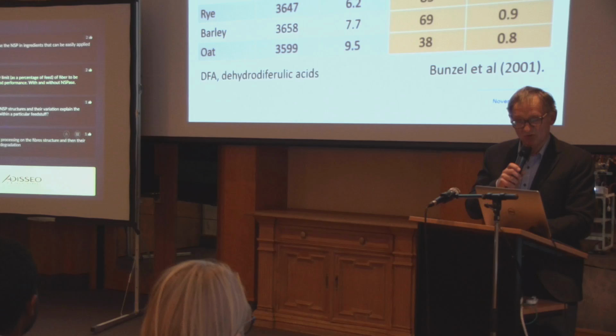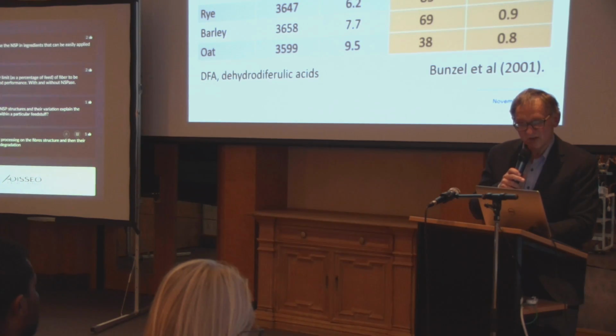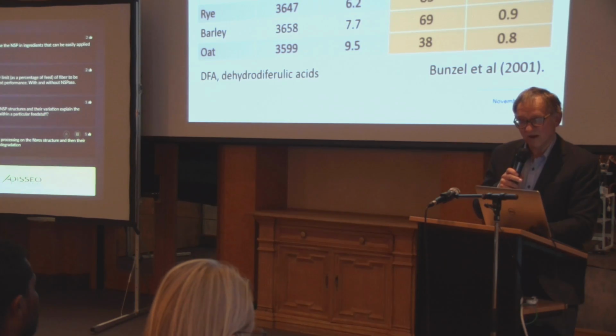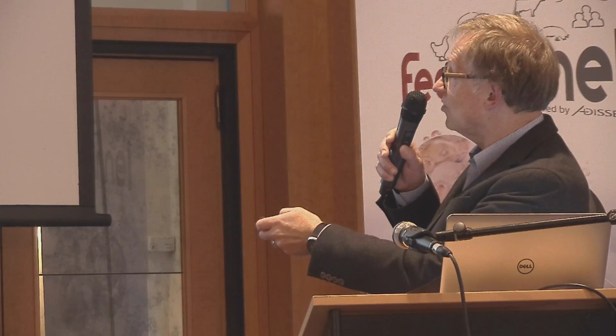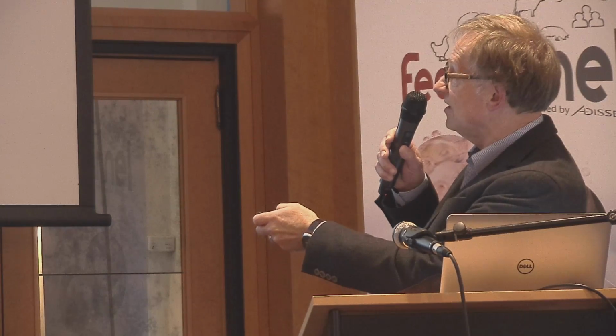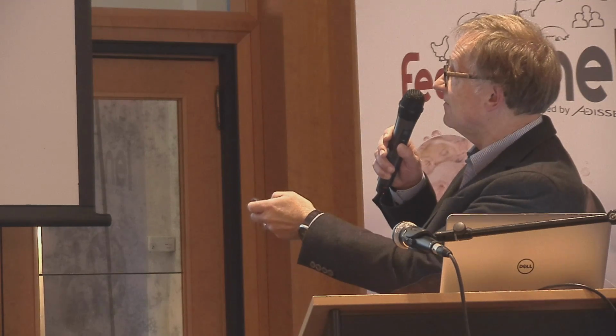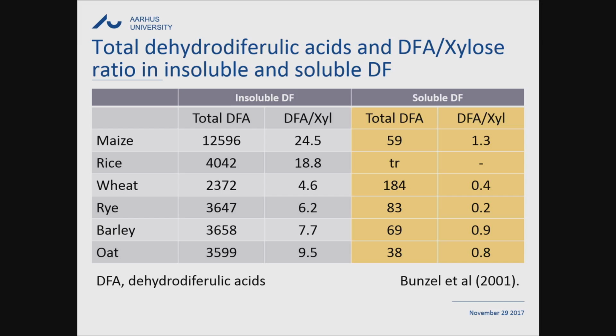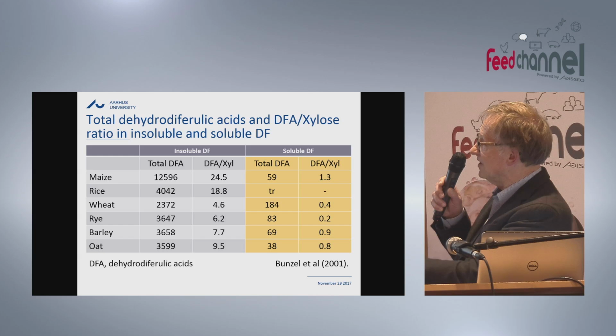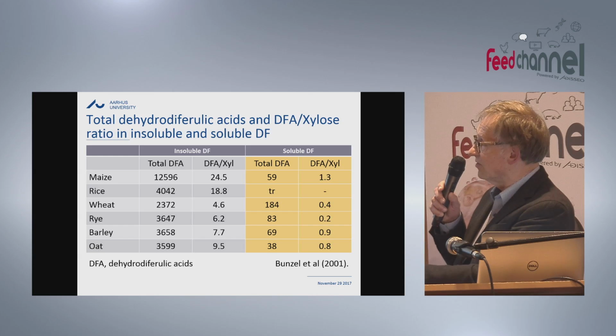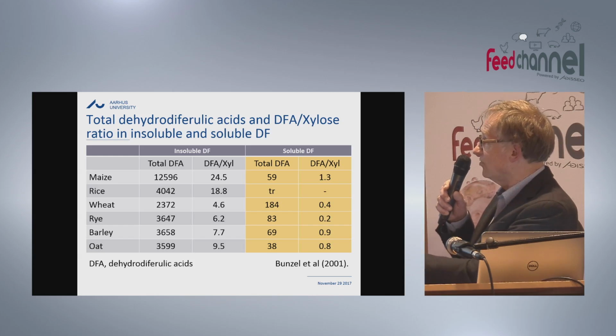And it's further so that when you're looking a little bit further down, you'll see that it's particularly diphenolic compounds that cause that. For instance, when you take corn and look at the proportion of dehydroxyferulic acids relative to xylose units, you'll see that it's much, much higher in corn or maize relative to wheat.